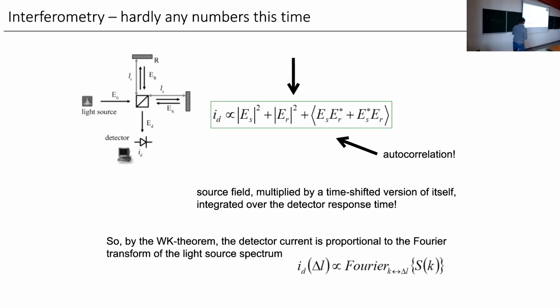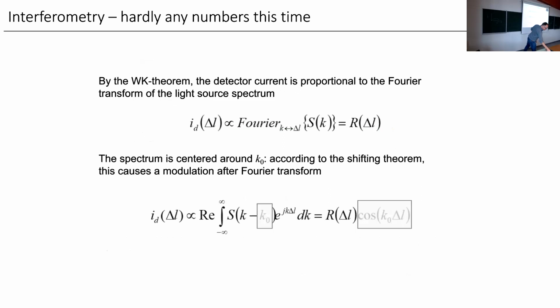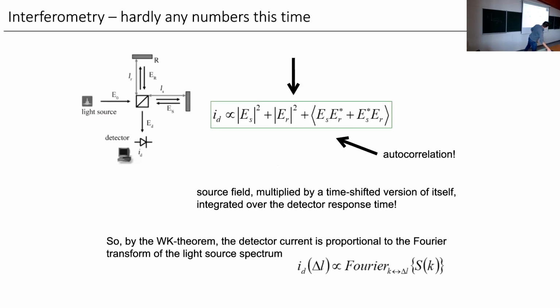Now let's go back to the signal formation. What we had. So if you look at the signal here, the field term, basically here is the electric field of the reference arm and the sample arm.